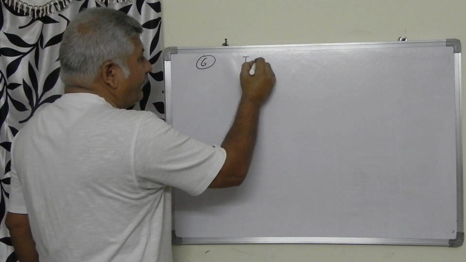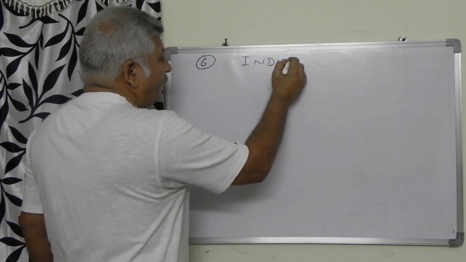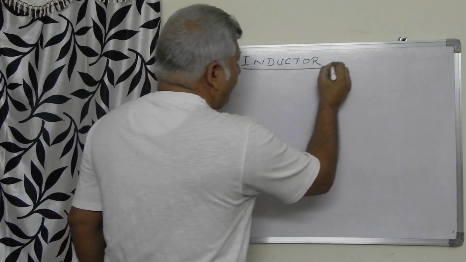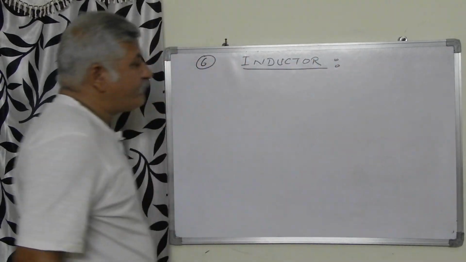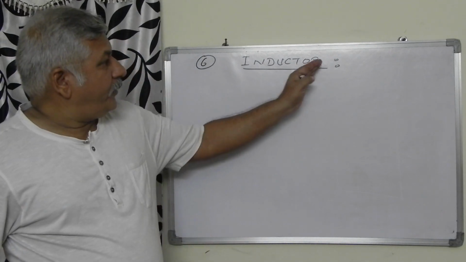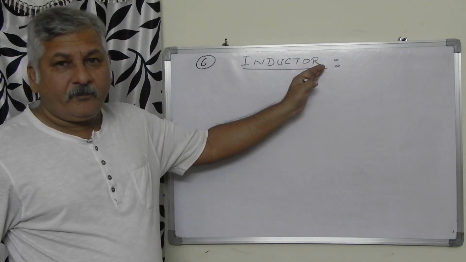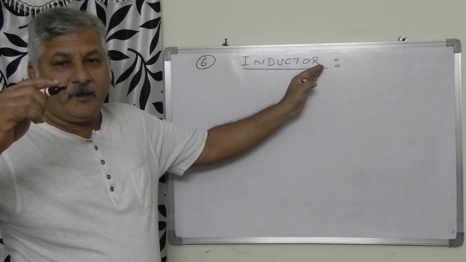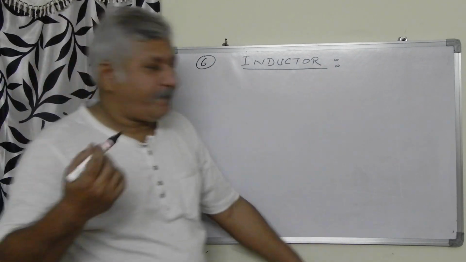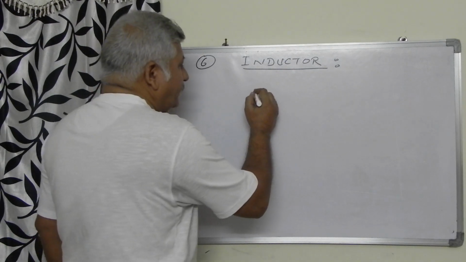Inductor. Now we can make the inductor by making turns in a simple wire. For example, like this.